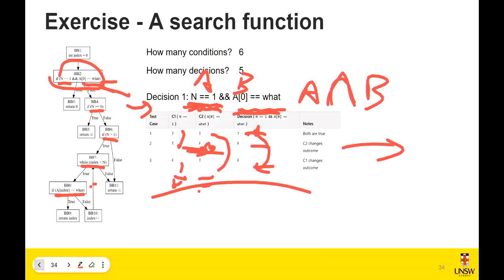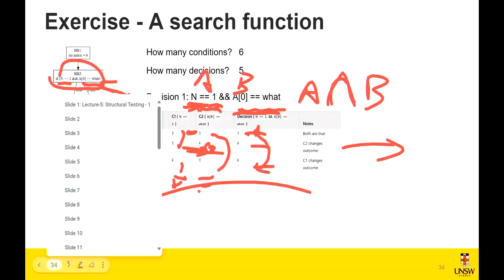Oh wait, can you come up with some concrete test cases based on this MCDC table? Can you come up with a test case to make sure that both C1 and C2 are true? This is actually quite easy.